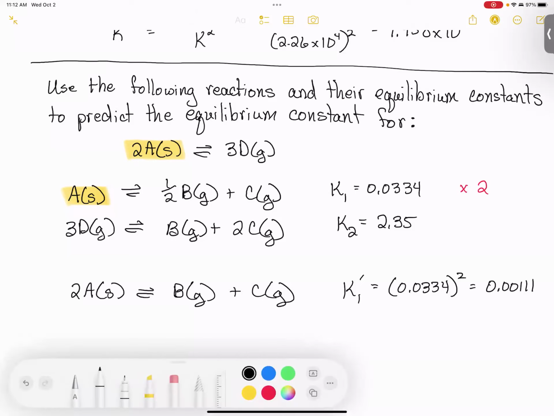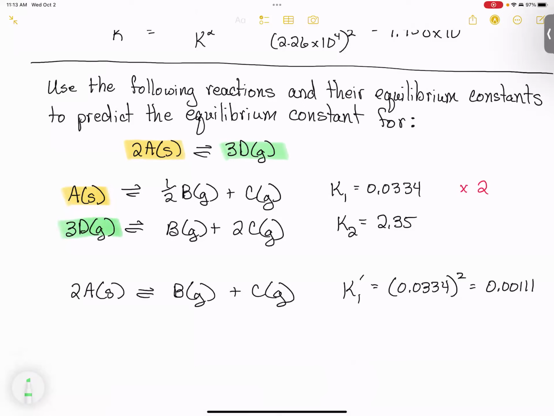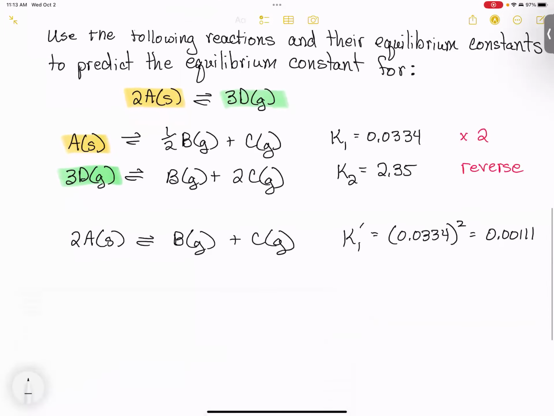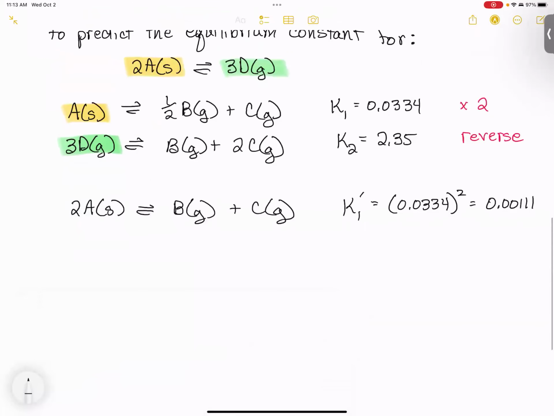Now, the next thing I notice is that I need 3D on the product side. But in my second reaction, I have 3D on the reactant side. So I'm going to have to reverse the second reaction. So I'm going to have B gas plus 2C gas going to form 3D gas.